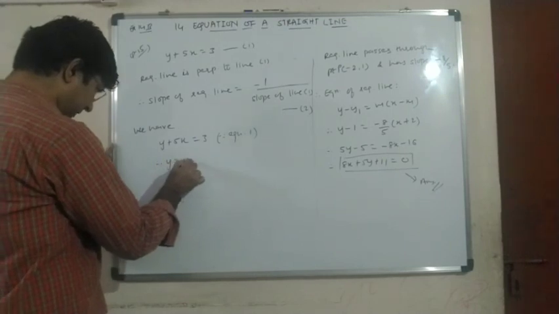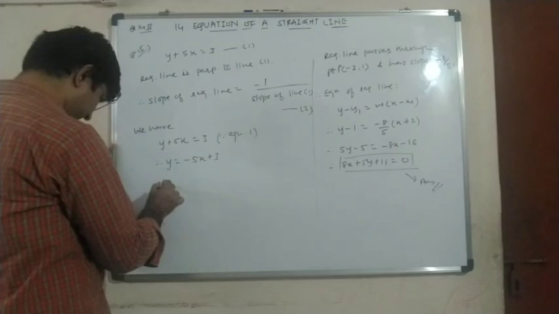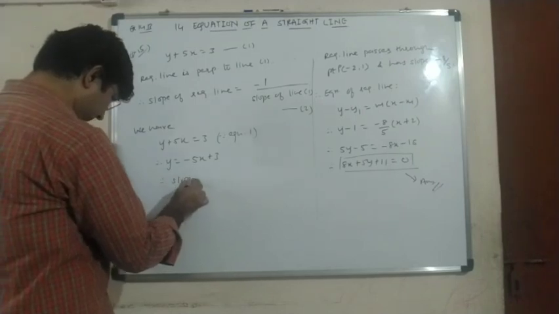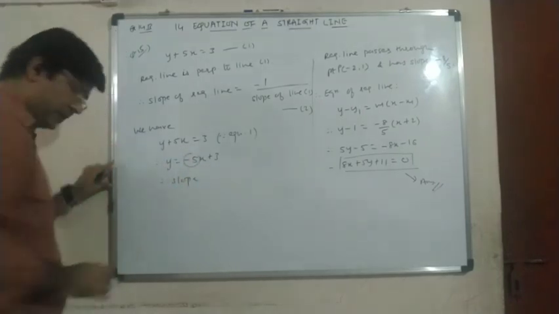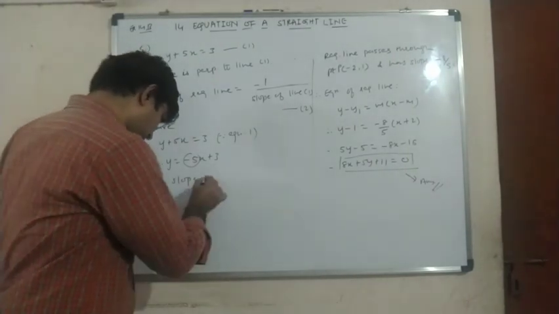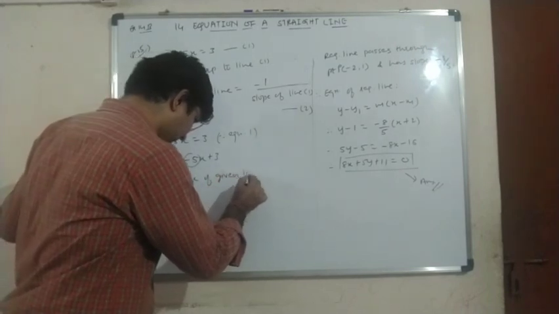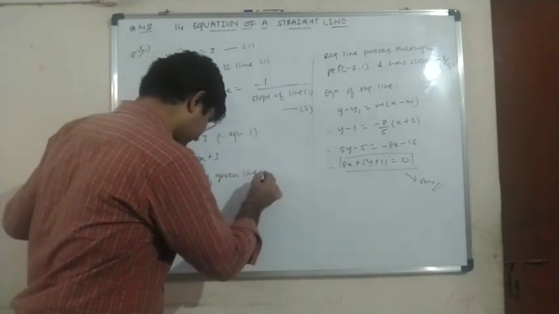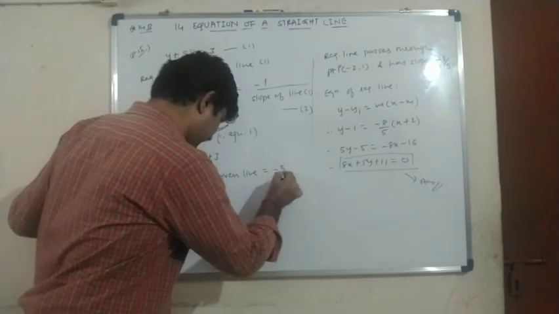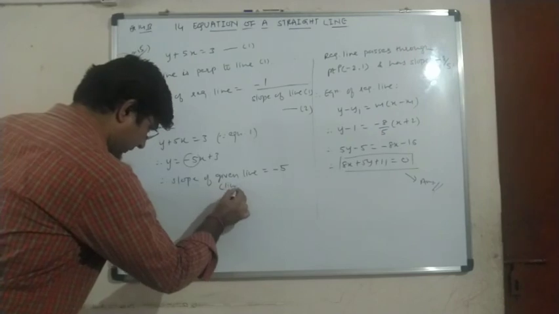Let us make y the subject. So y is equal to -5x plus 3, and for slope, what is the slope? That is the coefficient of x. Yes or no? The slope of the given line, or line 1, will be equal to -5. Yes or no? Given line, that is line 1 only.